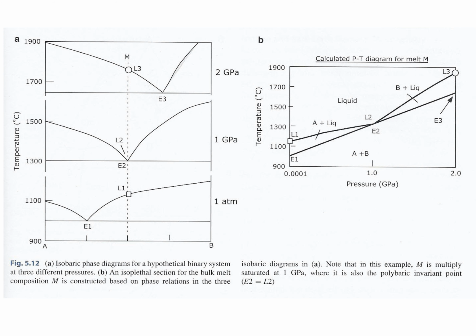That is the calculated PT diagram for the melt M. That means the melt relationships are always changing in the bulk with the different pressure and temperature conditions. That is what you should have in mind now.